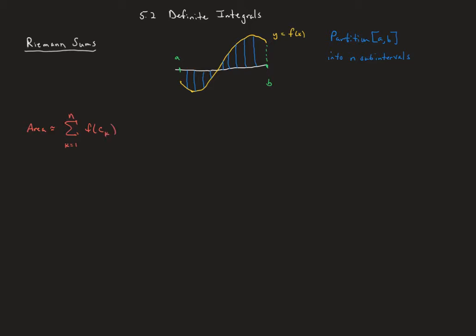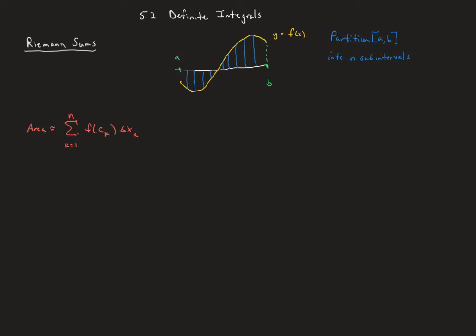So what we choose to be the height of the rectangle doesn't matter. It can be just about anything: left side of the rectangle, right side, midpoint, or random interior point. And then I'm going to write delta x sub k because I'm not sure whether those widths of the rectangles are all the same or not.